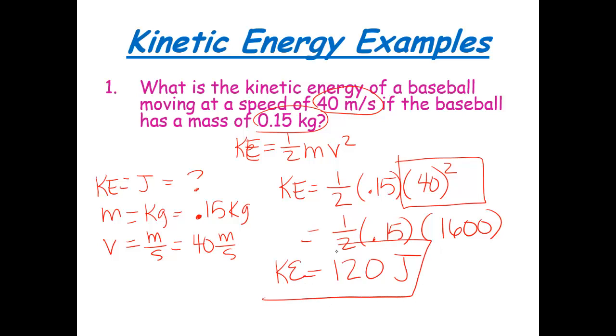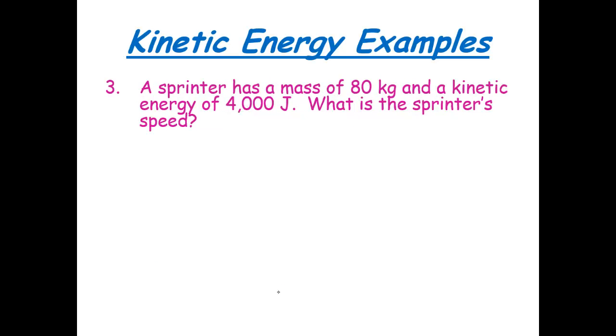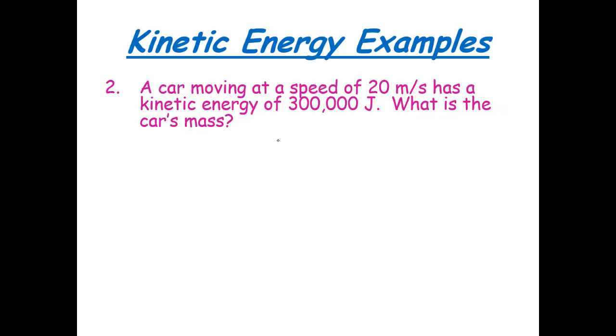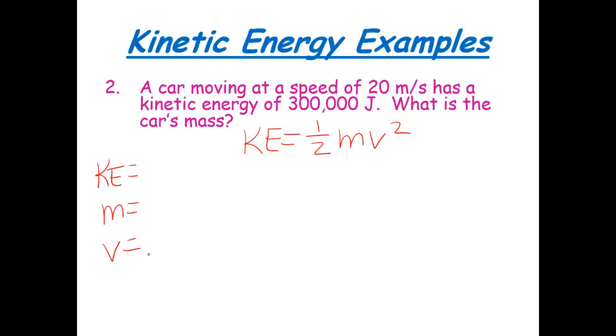Alright, next one. Okay, so again, kinetic energy equals 1/2 mv squared. Kinetic energy, m, v. Those are the things you're always looking for. A car is moving at a speed of 20 meters per second and has a kinetic energy of 300,000 joules.